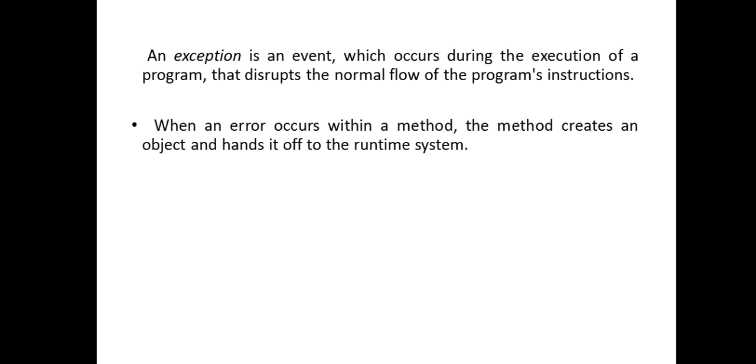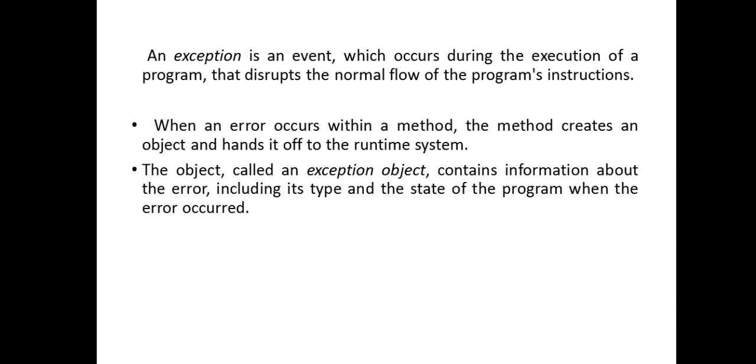The exceptions that occur during execution are basically objects of those classes. The exception object contains information about the error, including its type, what type of exception it is, and the state of the program when the error occurred, the place or line where the exception has occurred, right?